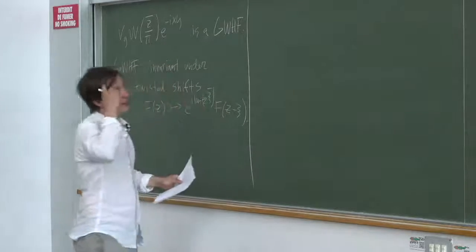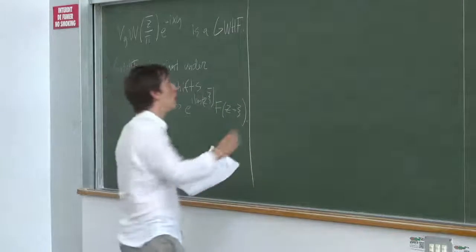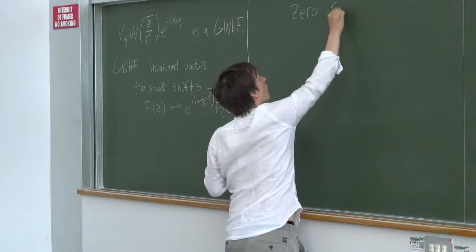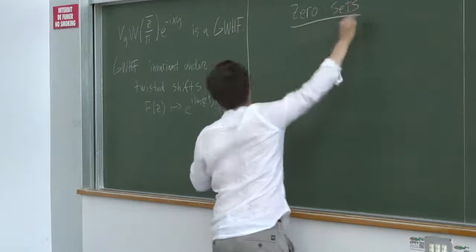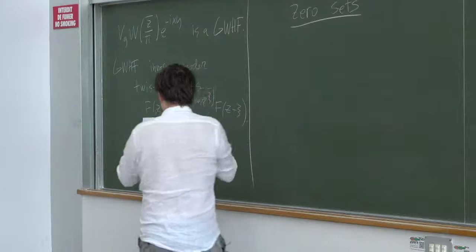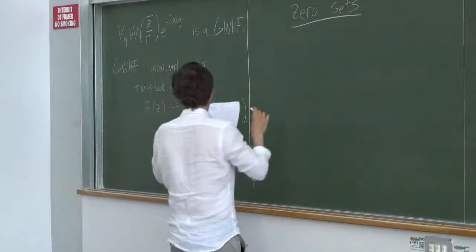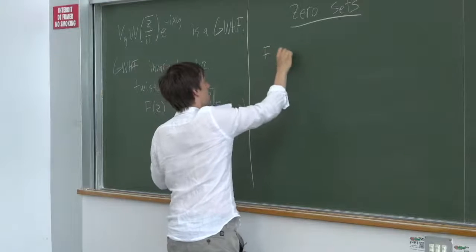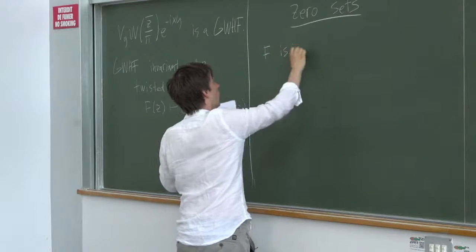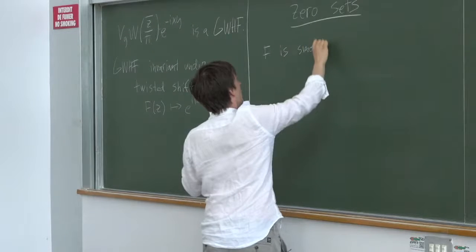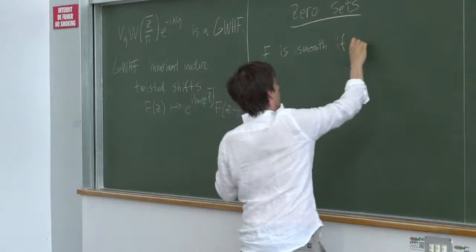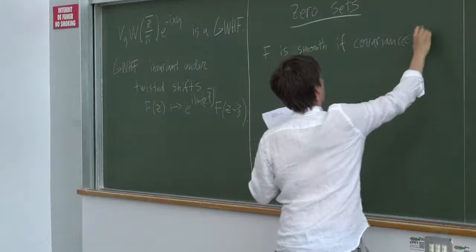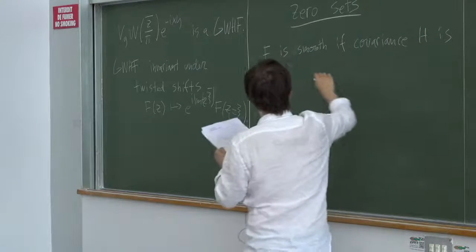So now let's look at zero sets. F is smooth if covariance H is smooth.